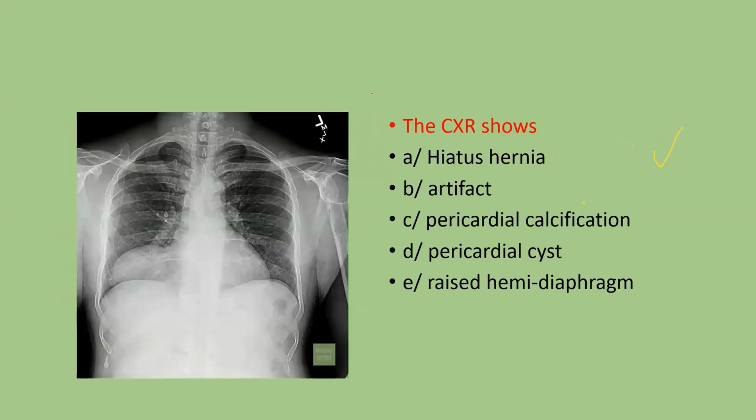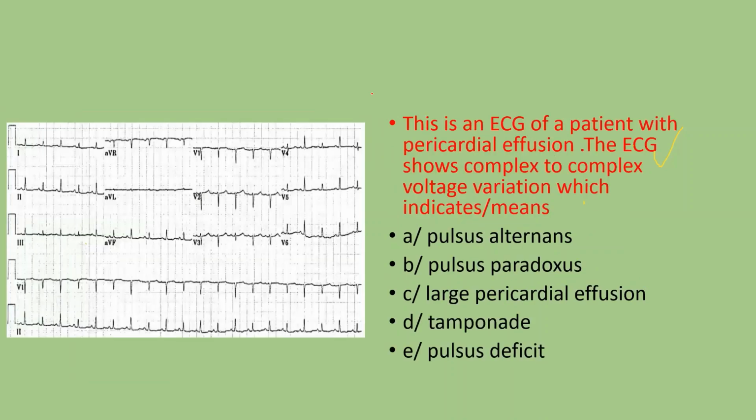Okay. Now this chest X-ray shows hiatus hernia, artifact, pericardial calcification, pericardial cyst, raised hemidiaphragm. Pericardial cyst. Pericardial cyst. Exactly. Now, this is an ECG sign of a patient with pericardial effusion.